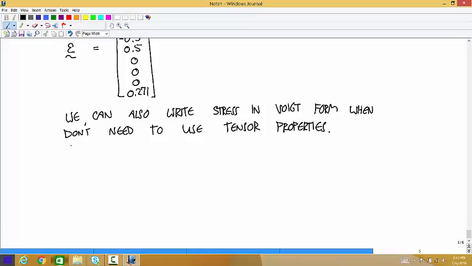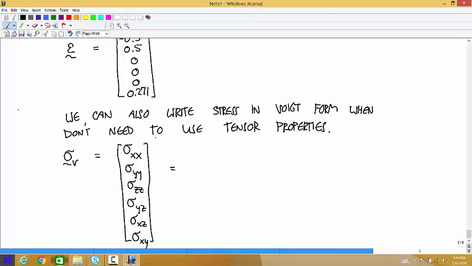So I'll write it as the Voigt stress, and you follow the same order of elements as we did with the strain. That'll be sigma xx, sigma yy, sigma zz, sigma yz, sigma xz, sigma xy.